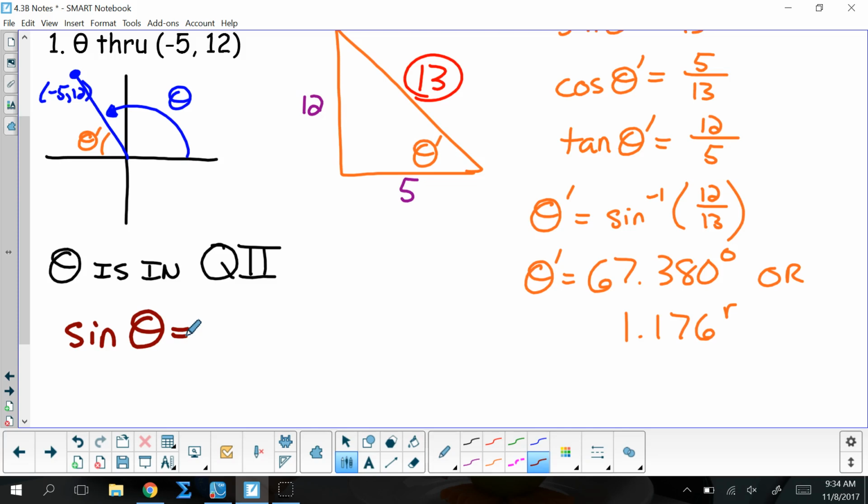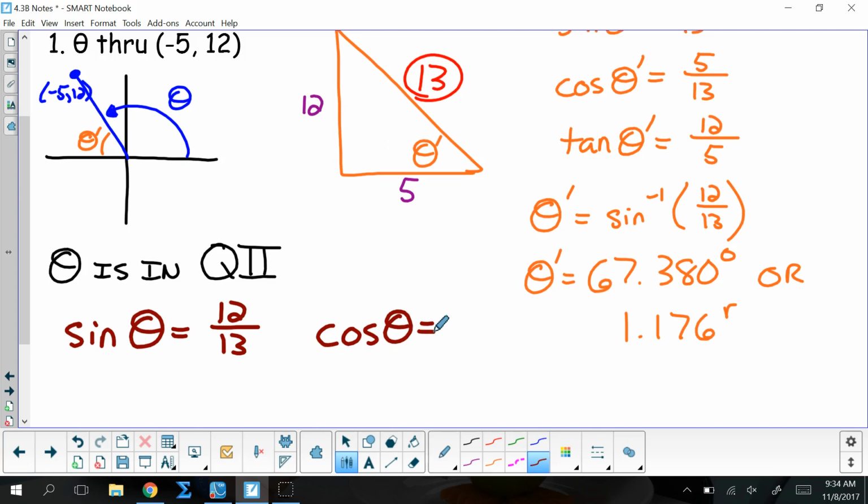So that's going to stay 12/13. Same as in my reference angle with my reference triangle. However, the cosine of theta has to be what?